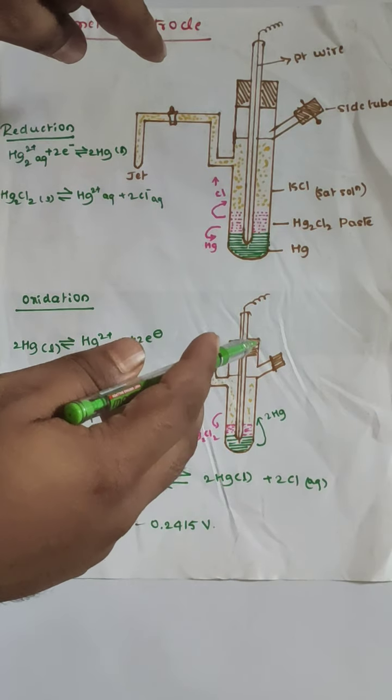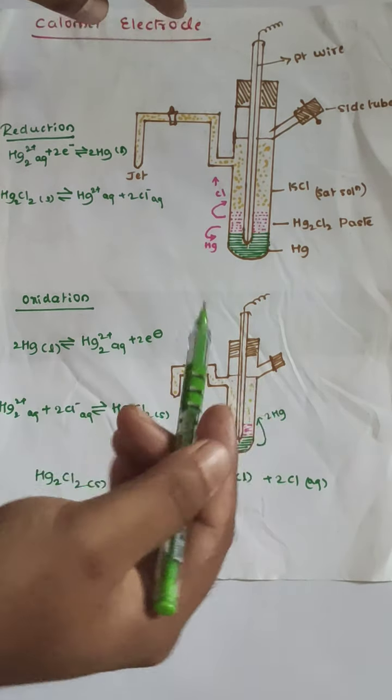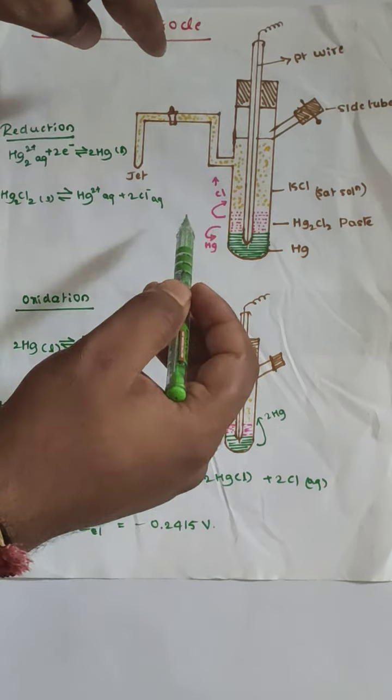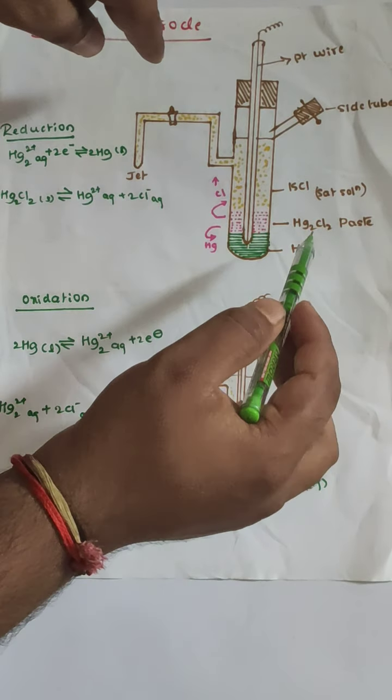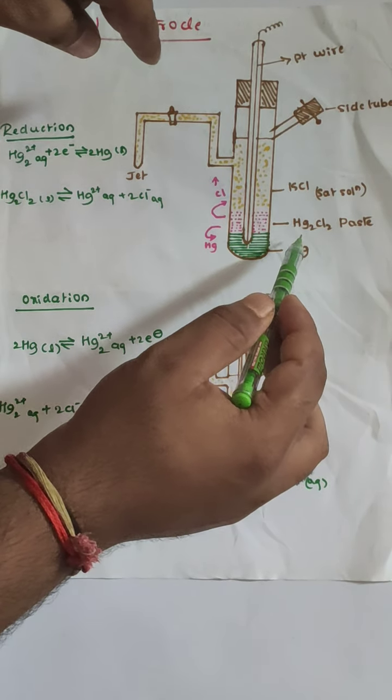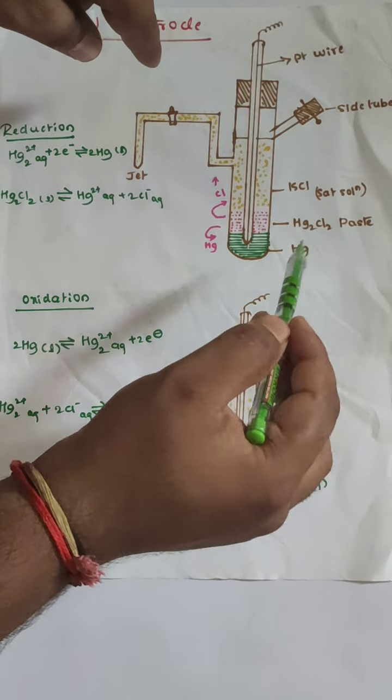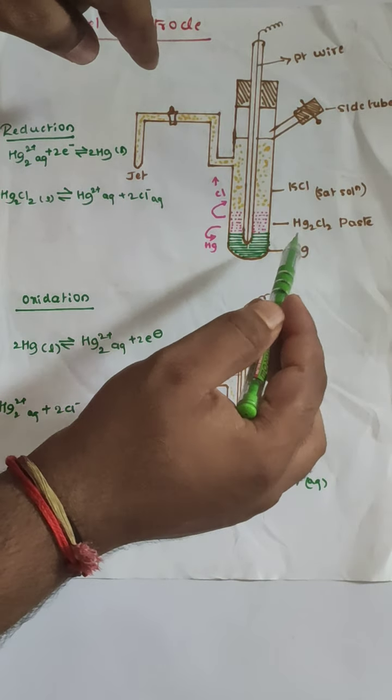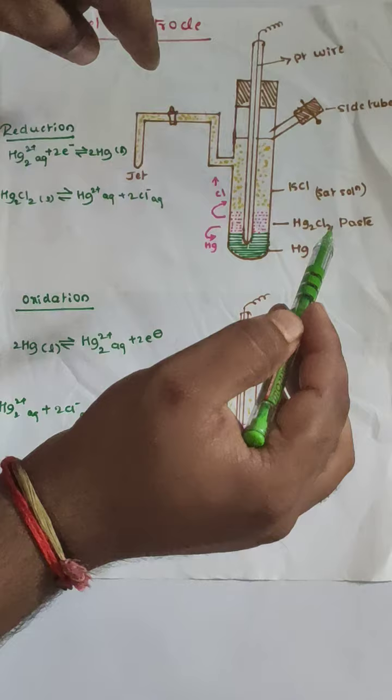Once again I am repeating: during the reduction process, the Hg2 2+ ions in the mercurous chloride gain 2 electrons.